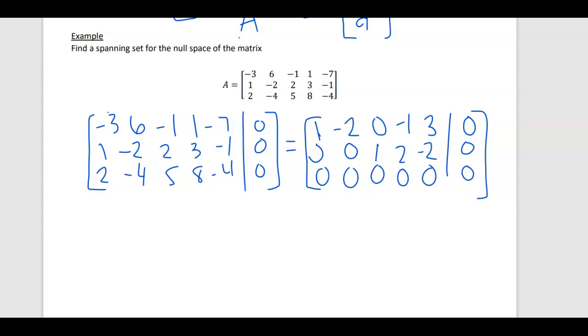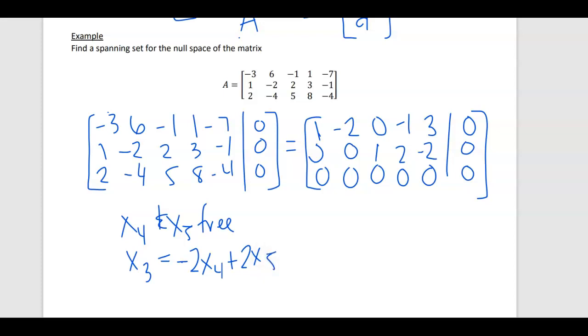All right, so let's let x4 and x5 be our free variables. That means that x3 must be equal to negative 2x4 plus 2x5.